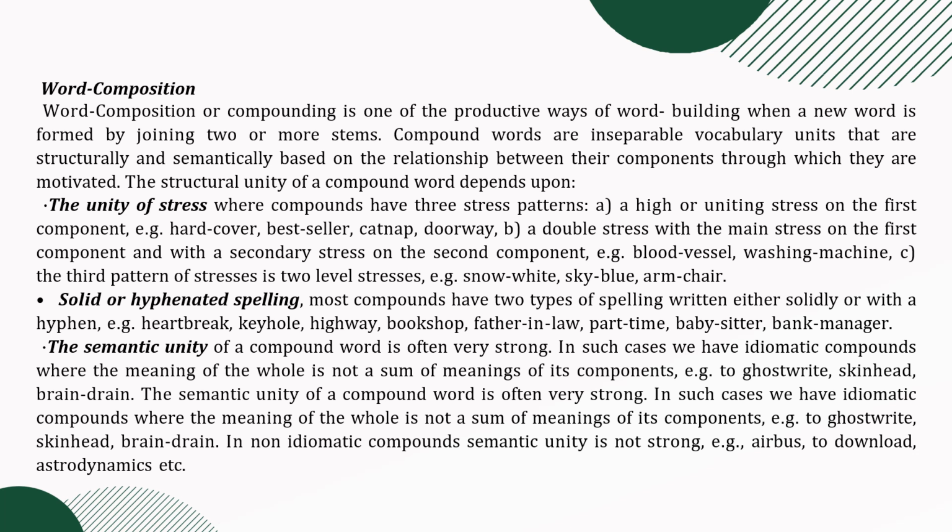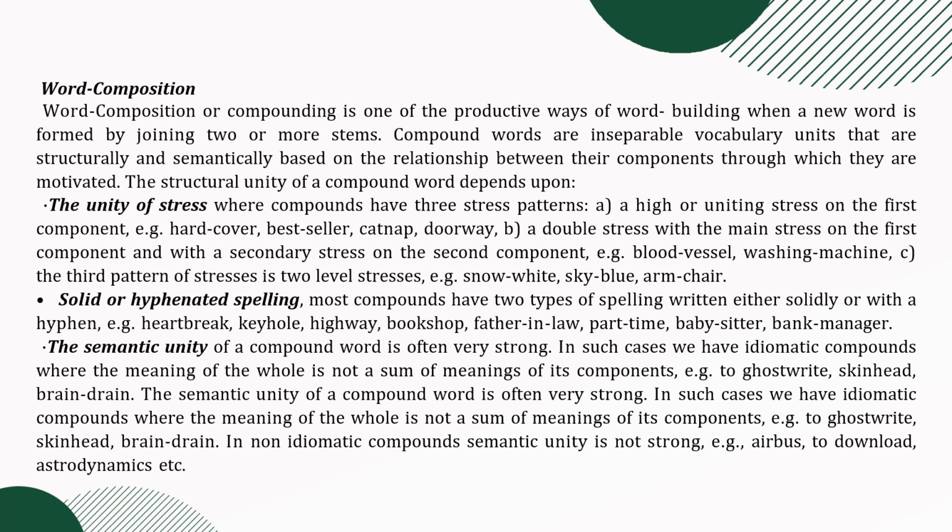The structural unity of a compound word depends upon the unity of stress, where compounds have three stress patterns. The first one, a high or uniting stress on the first component. The second one is a double stress with the main stress on the first component and with a secondary stress on the second component. And the third type of stress is two-level stresses.